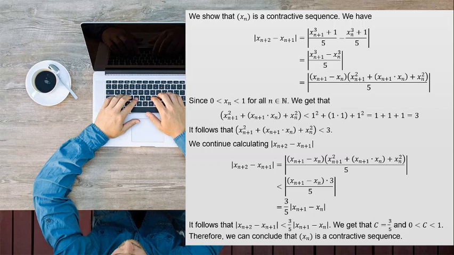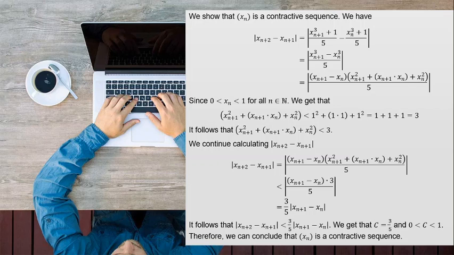We get the absolute value of (x_{n+1}^3 - x_n^3)/5. We do a factorization and we get the absolute value of (x_{n+1} - x_n)(x_{n+1}^2 + x_{n+1}x_n + x_n^2)/5.